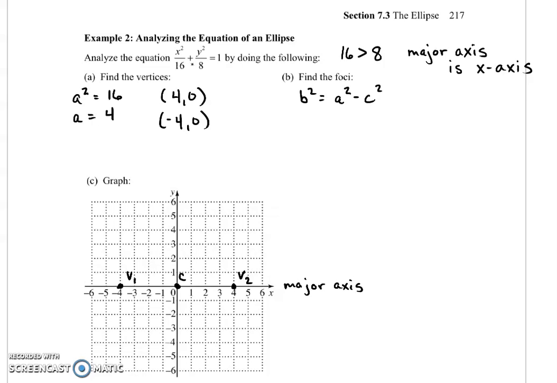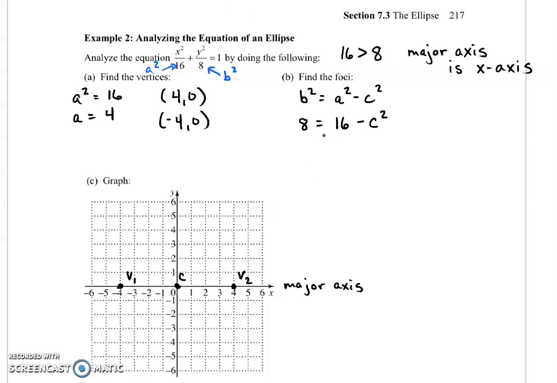We only know a squared and b squared, because the 16 is our a squared and the 8 is our b squared. But we can still use this information to solve for c. So b squared is 8, a squared is 16, and then we still have the minus c squared. So let's solve for c squared.